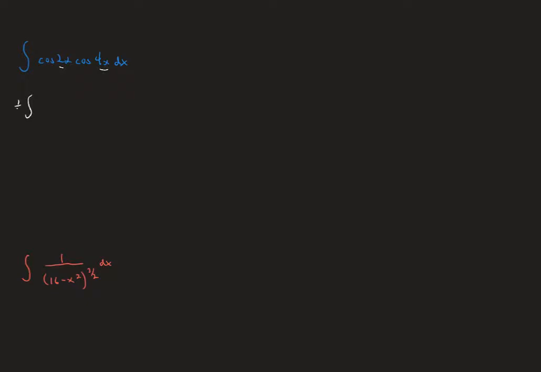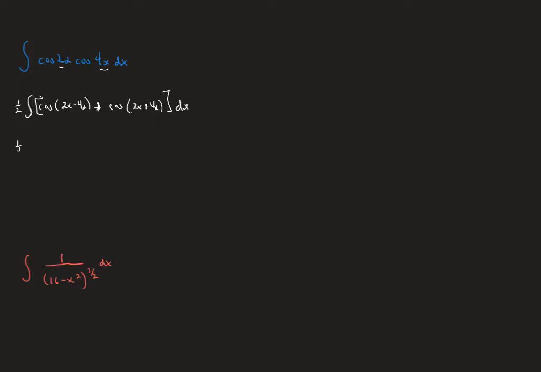I'll just pull that outside the integral. And then we're going to get the cosine of 2x minus 4x, plus rather, plus the cosine of that sum. So that's going to be the cosine of 2x plus 4x.